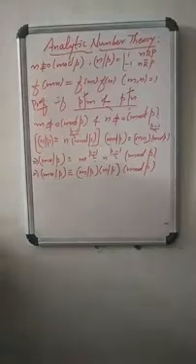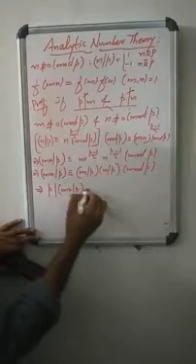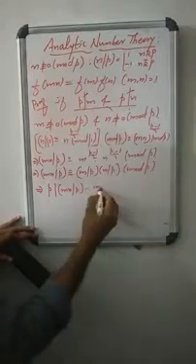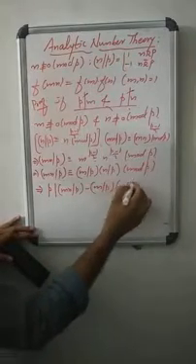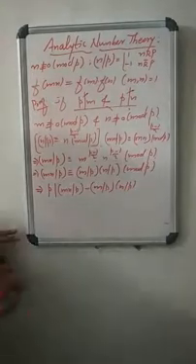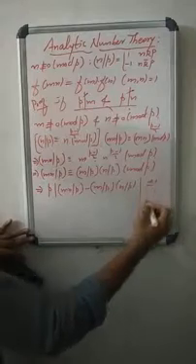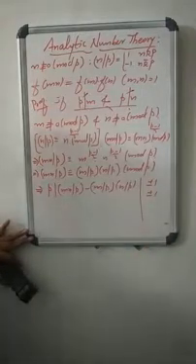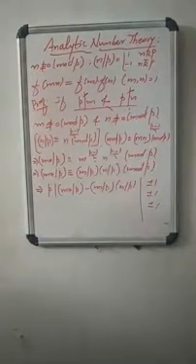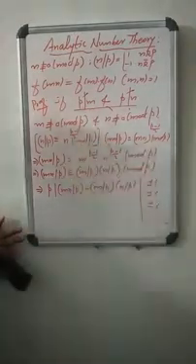Clear? That means p divides (mn/p) minus (m/p) into (n/p). What is p? p is an odd prime, and we know that (m/p) is plus or minus 1, (n/p) is plus or minus 1, and (mn/p) is also plus or minus 1.